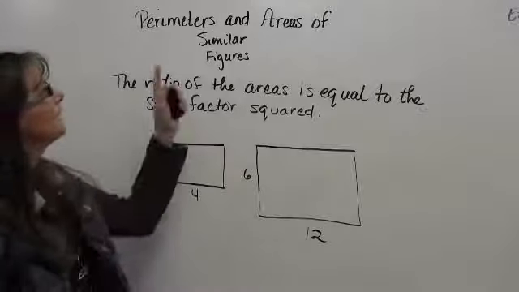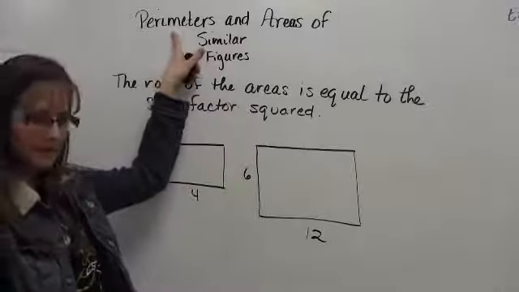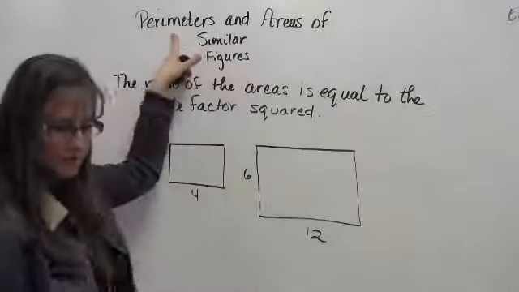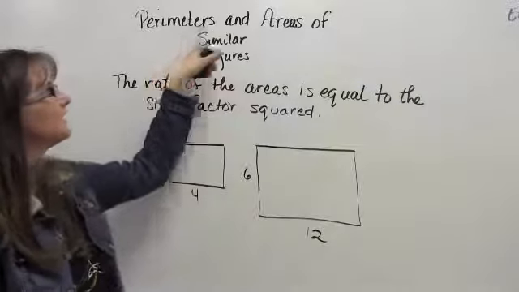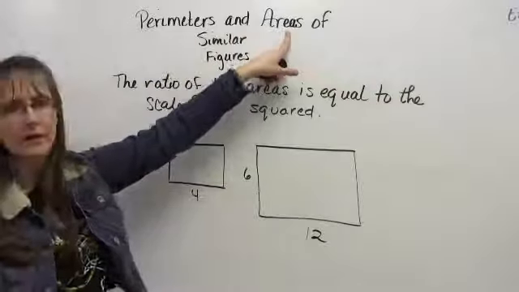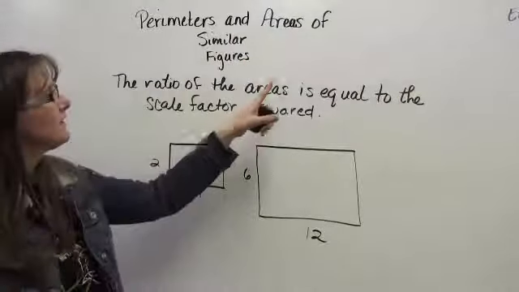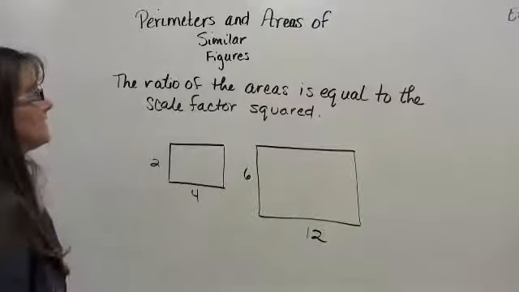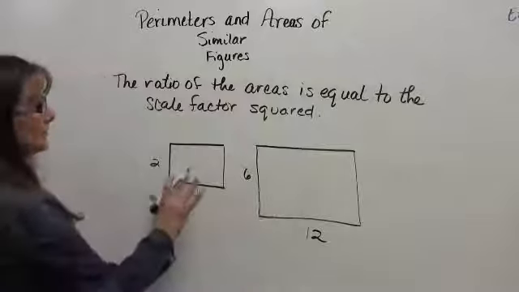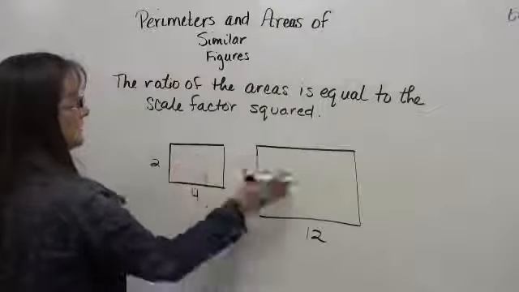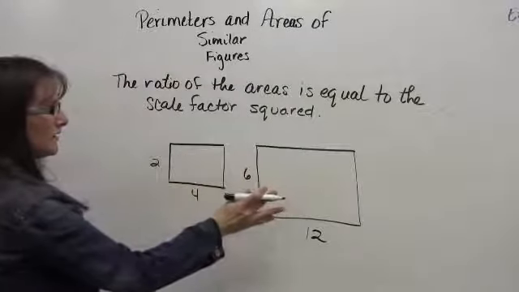Okay, something else that I know, we've talked about perimeter, the ratio of the perimeters of two similar figures is equal to the ratio of side lengths. Well, what I know about area is the ratio of the areas is equal to the scale factor squared. So let's find the scale factor of these two rectangles.